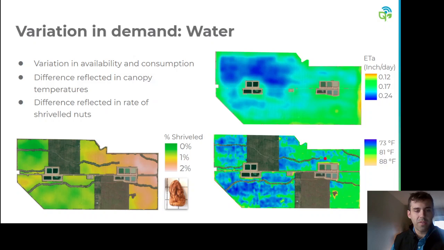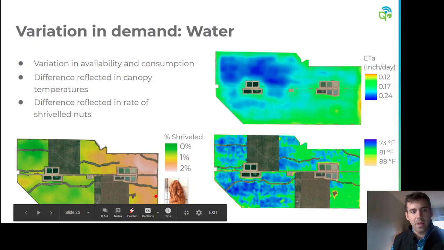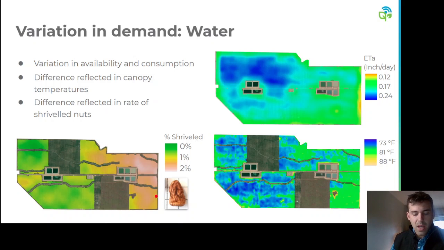So finally, we confirm that through other ways. Of course, we measure some water potential, but I wanted to share something really special here, which is the shriveling of the almonds. These almonds in the east section had 2% of them shriveled, and you might think, okay, 2% is not much, or is a lot.